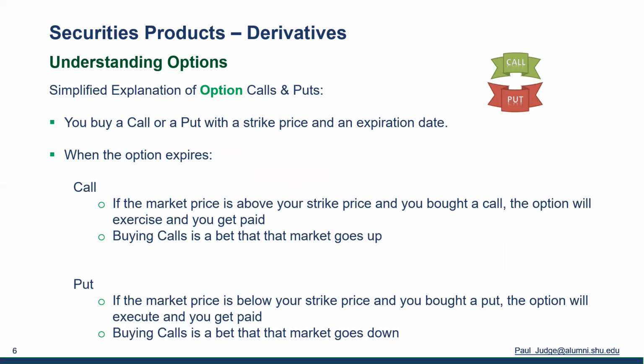Buying calls is a bet that the market goes up. So if you bought calls at a strike price of $10 and at expiration the stock is selling for $11, you're going to get paid $1 a share. You make $100.